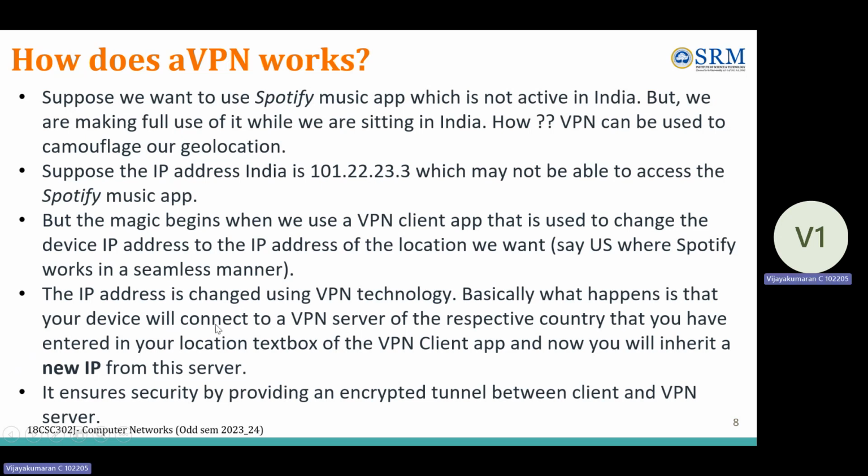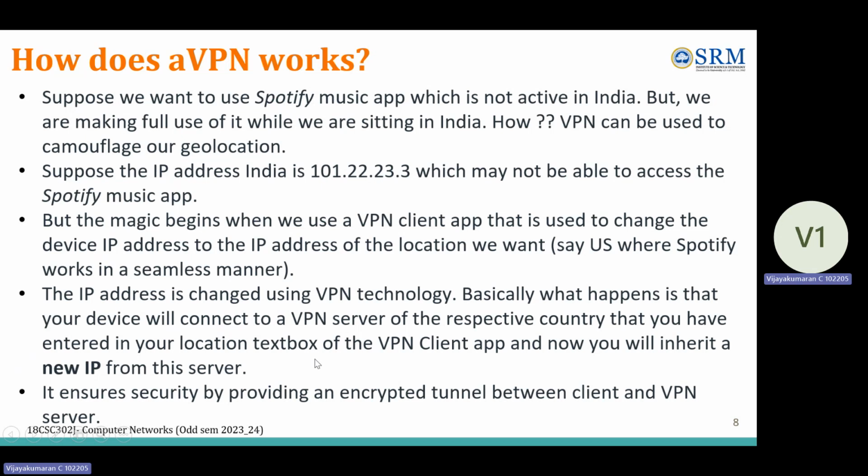Your device will connect to the VPN server of the respective country that you have entered in the location text box in the VPN client application. Now you will inherit a new IP address from this server, that is, the server located in the US provides you a new IP address.